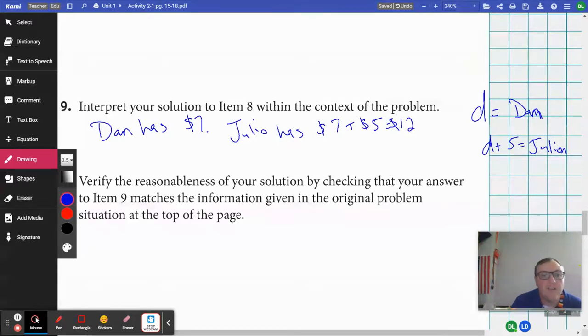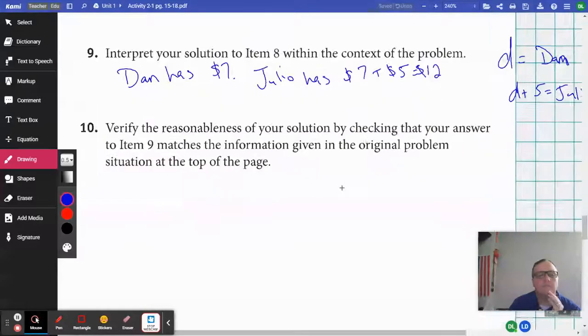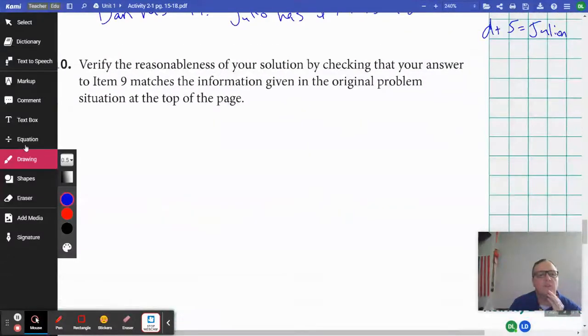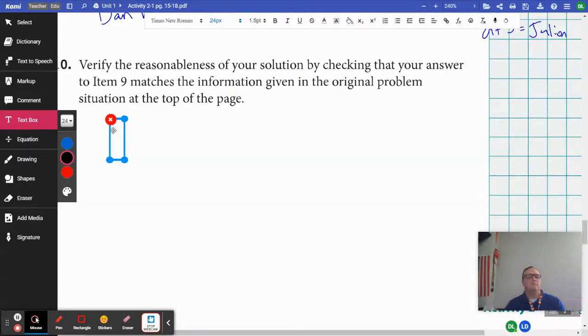Verify the reasonableness of your solution by checking that your answer to item 9 matches the information given in the original situation at the top of the page. All right.